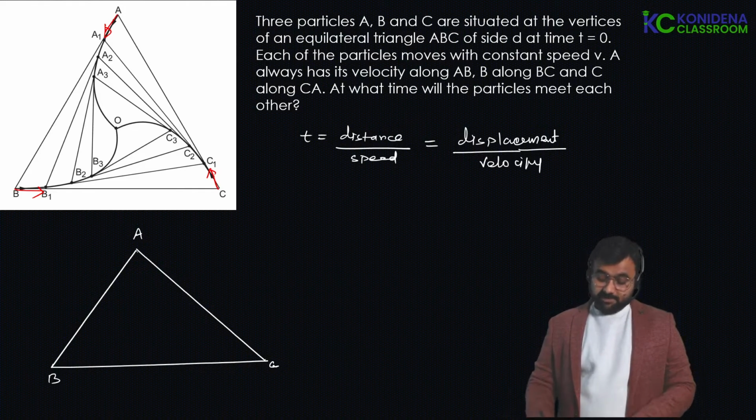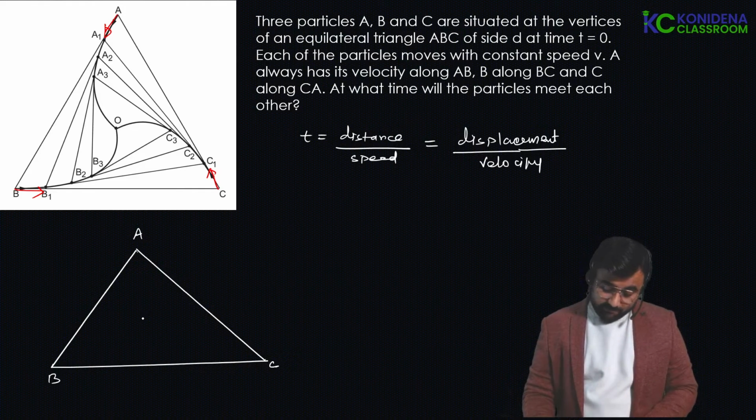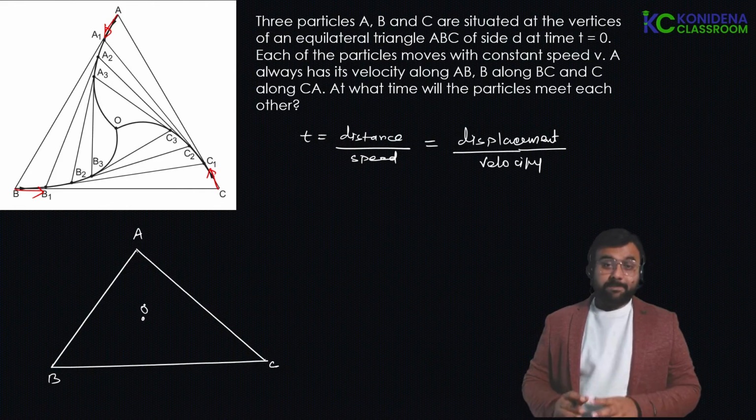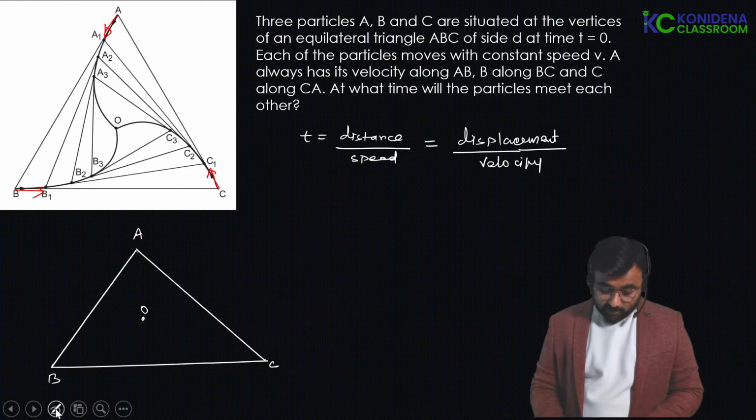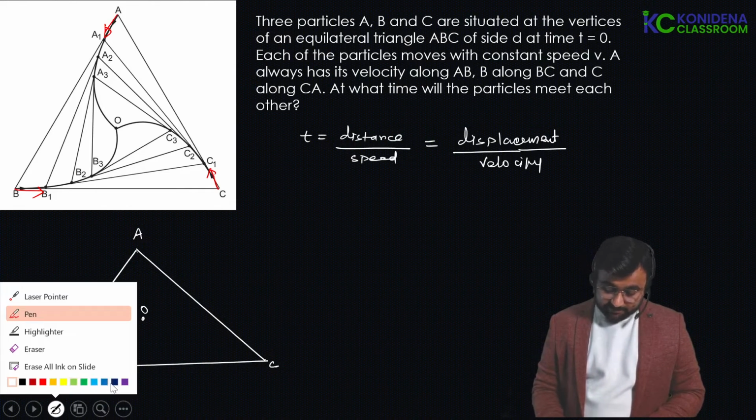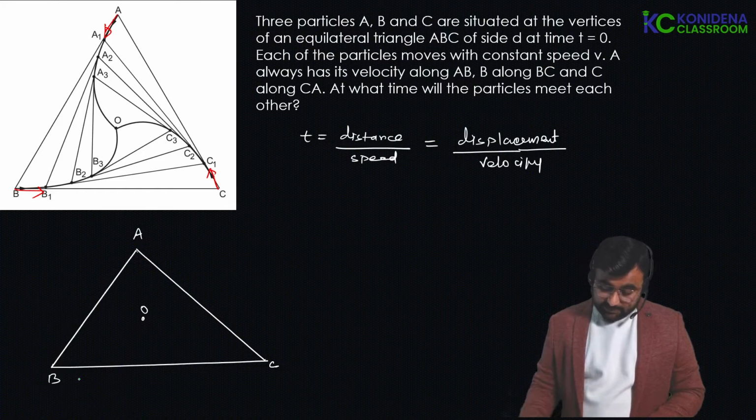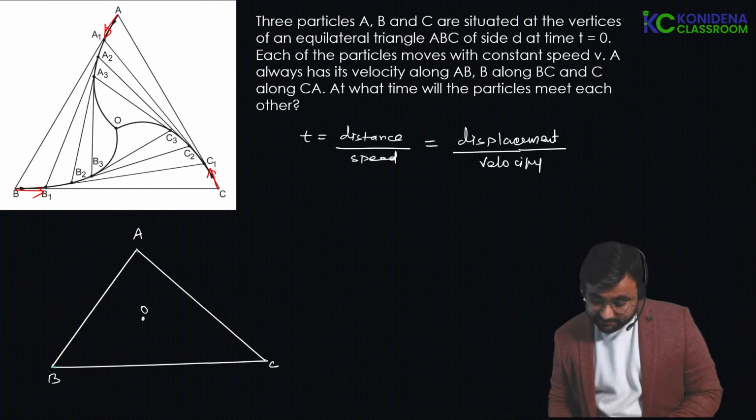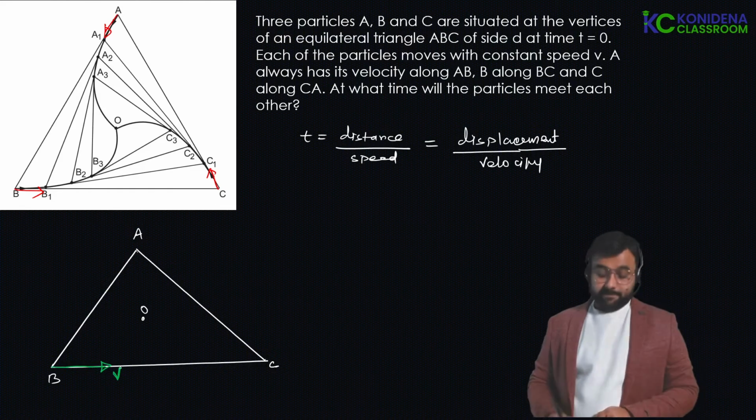So here what is happening? This is the point O where the particles are meeting. And if you talk about the direction of velocity, let us consider the particle B. So the direction of velocity of particle B is this. The particle is moving with the velocity V, right?